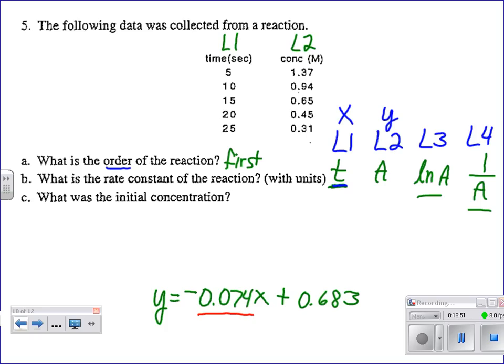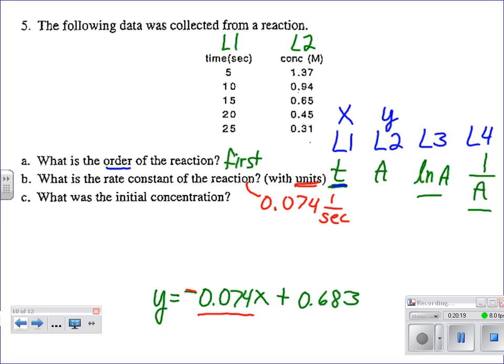It's a negative slope, so the negative and negative means it ends up being 0.074, a positive value. At this moment, I am just going to give you the answer, and later in this video I'm going to tell you how to figure these out. But the answer is going to be in 1/seconds. Okay, so we have just figured out our rate constant.